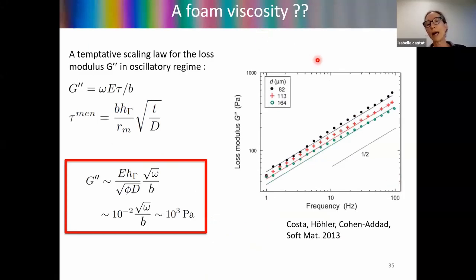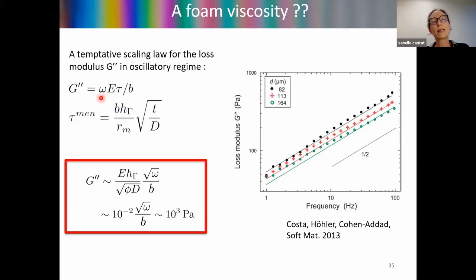So now we tried with an oscillatory experiment, and we haven't tried to figure out exactly what the velocity field should be in the foam, but we just trust that the scaling law we had for the dissipation at the meniscus should remain valid for a slightly different geometry. And we estimated what the loss modulus should be on the basis of the scenario we propose.